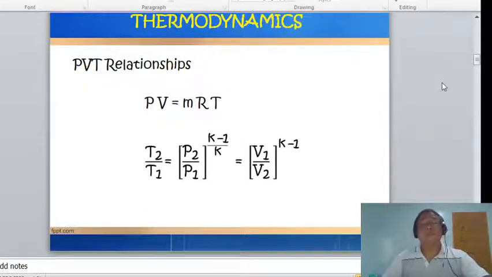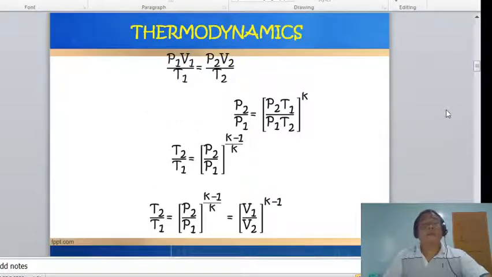Substituting values, and getting the ratio of temperature in terms of the pressure, that is T sub 2 over T sub 1 equals P sub 2 over P sub 1 raised to k minus 1, or simply in terms of the volume, V sub 1 over V sub 2 raised to k minus 1. Let us now derive that equation.